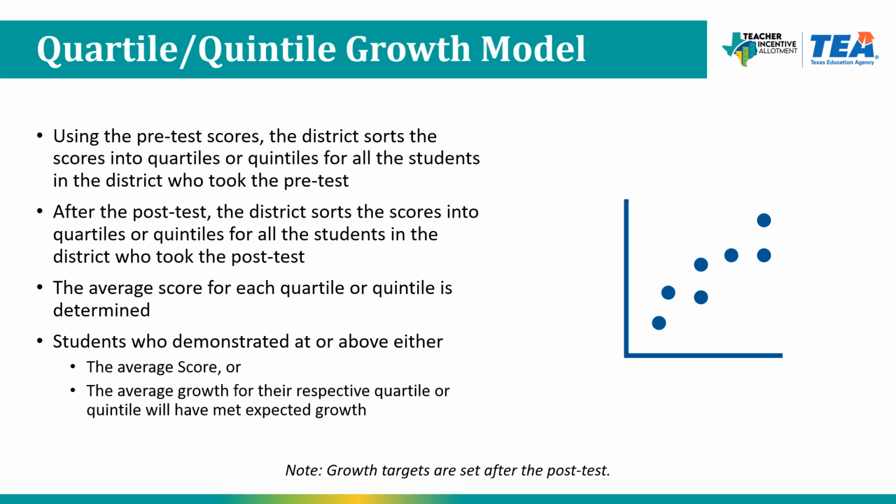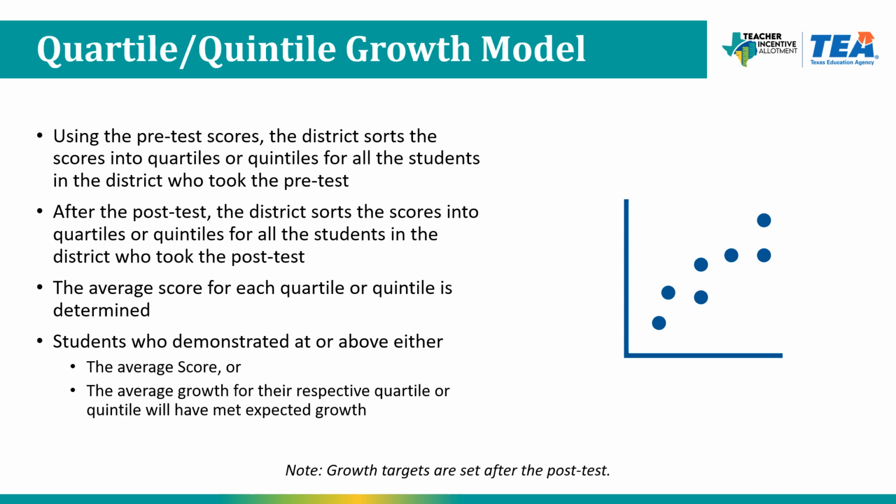The quartile-quintile model can be a great fit for some districts and teaching categories. To use this model, the district would sort the pretest scores into quartiles or quintiles for all students in the district who took the pretest. After the post-test, the district then sorts the scores into quartiles or quintiles for all students in the district who took the post-test. Districts would then determine the average score for each quartile or quintile.